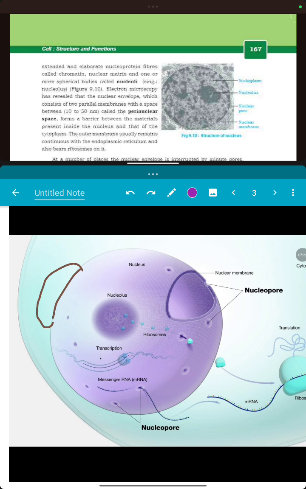So this was the outer membrane. It will be continued as endoplasmic reticulum. This was the neighboring organelle, and ribosomes are present on it. Ribosome means RNA.